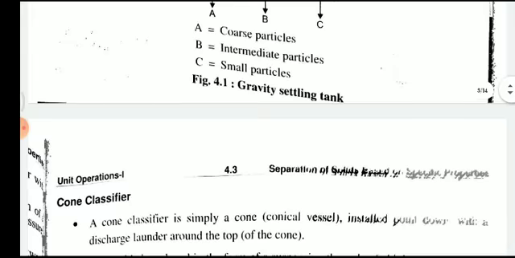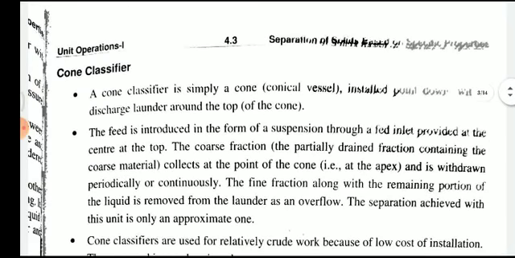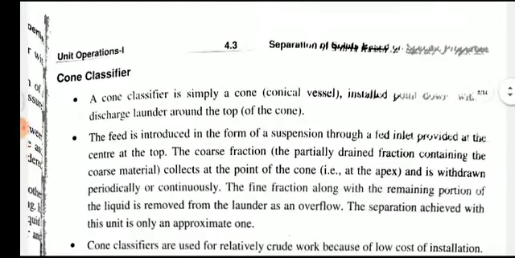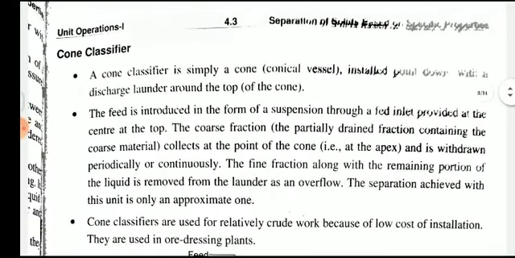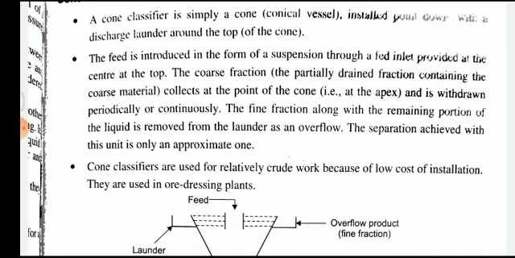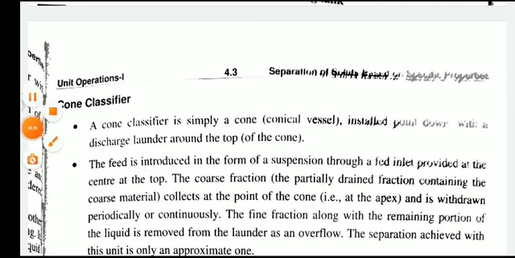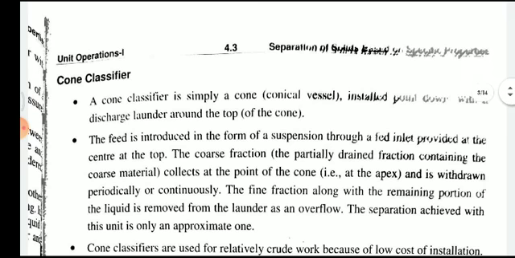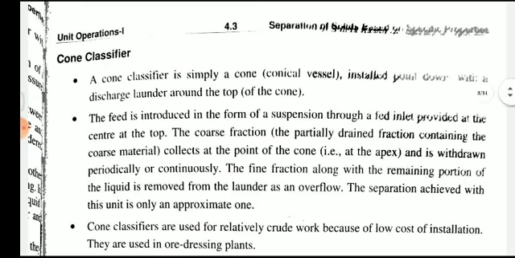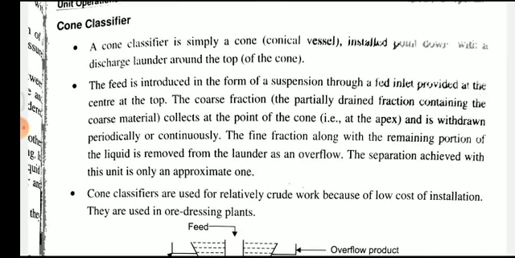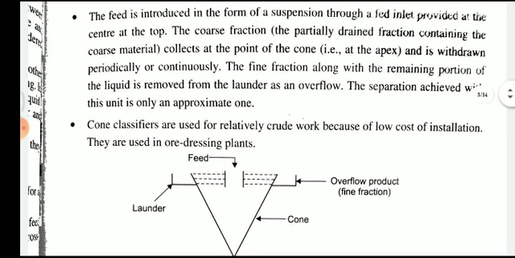So today's lecture is about the cone classifier. This is another type of classifier which is in cone shape, generally called a cone classifier. A cone classifier is simply a conical vessel installed with a discharge launder around the top.